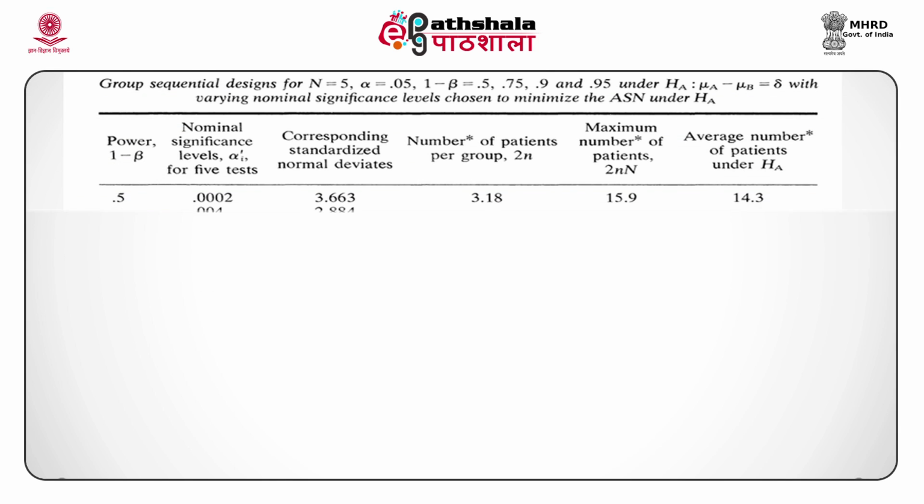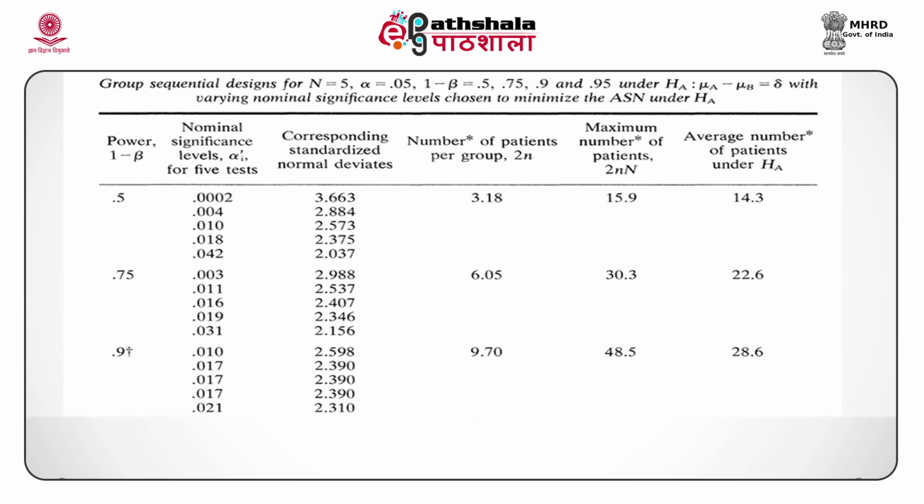On this slide, we are looking at the group sequential design for capital N equal to 5, alpha equal to 0.05, 1 minus beta equal to 0.95 with varying nominal significance levels which are chosen to minimize the ASN under HA. For type 2 error beta equal to 0.5, the optimal design has nominal significance levels which increase markedly over the 5 tests with a consequent reduction in ASN under HA.